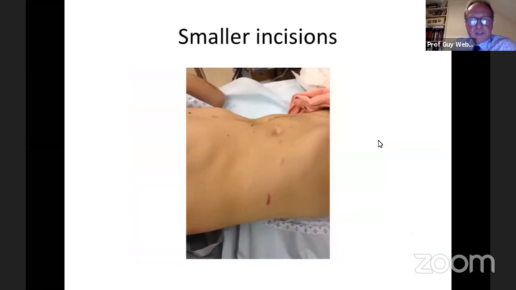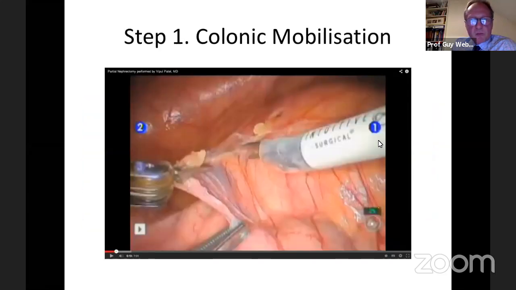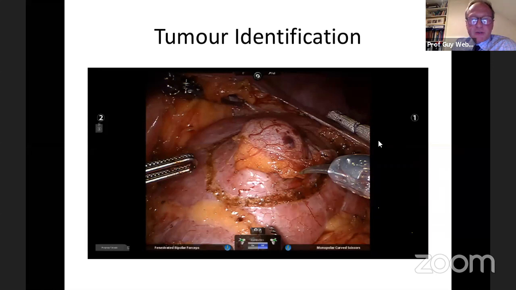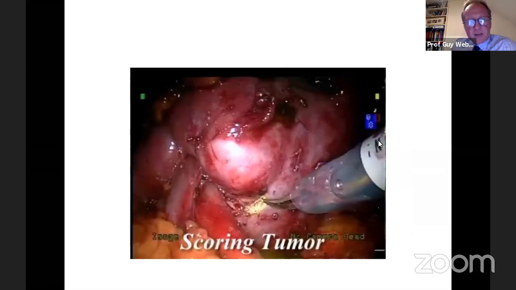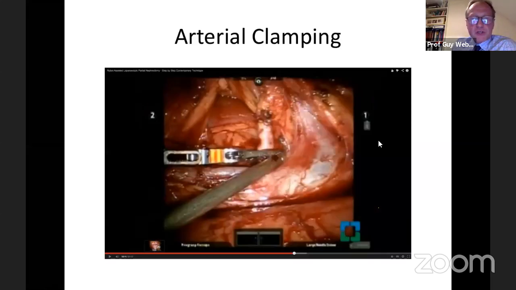It's all about small incisions now. The bowel is mobilized, the tumor is identified, the hilum is mobilized, and the renal artery and the vein are accessed. The tumor is scored with diathermy, so you can see your margin.